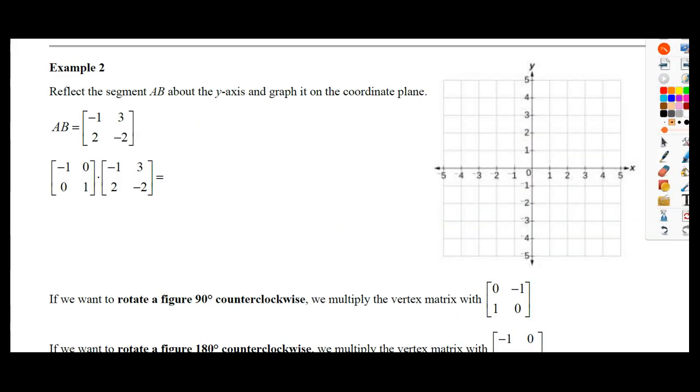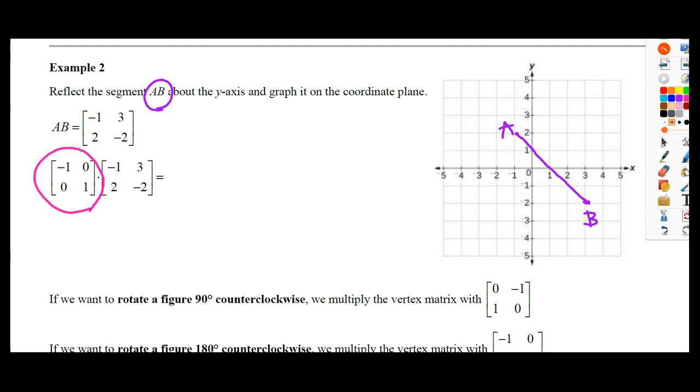So let's look at an example here. It says, reflect the segment AB about the y-axis and graph it on the coordinate plane. Remember that each one of these is 1 point. So -1, 2 is a point, and 3, -2 is also another point. That's A. And then 3, -2, that's B. Okay, here's A and B. Let's connect that. So that's segment AB.